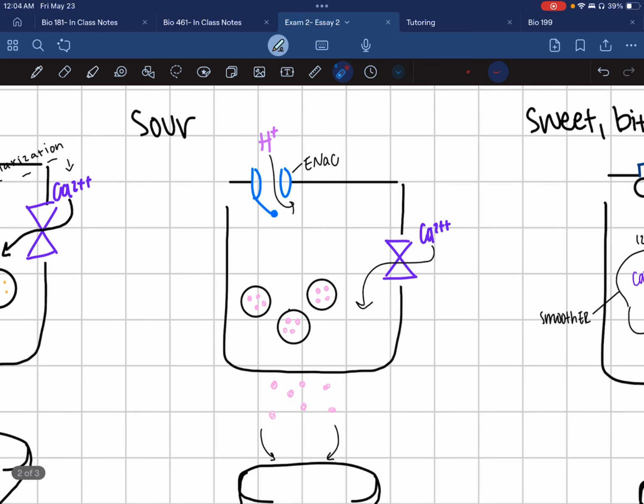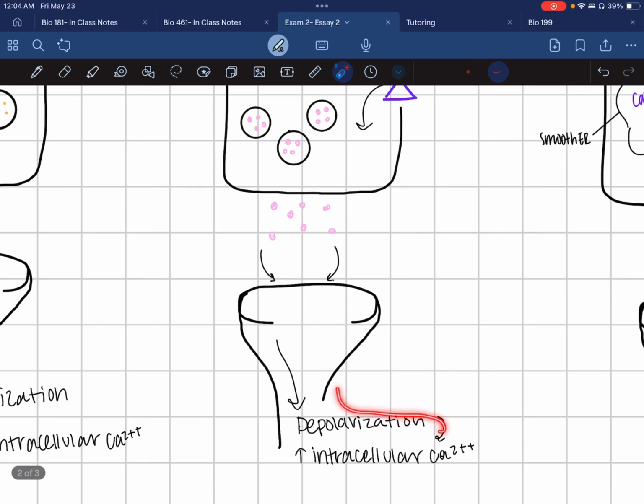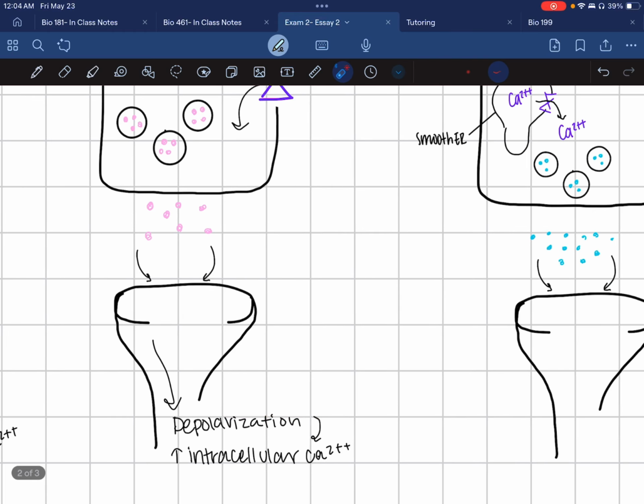And then the same for sour. Sour uses an ENaC channel, but we have hydrogen causing depolarization just because of the positive charge. And then calcium is being triggered by this depolarization, which is then going to bind to SNARE proteins and then release neurotransmitters via exocytosis to the neuron, which is going to cause another depolarization and an increase in intracellular calcium.